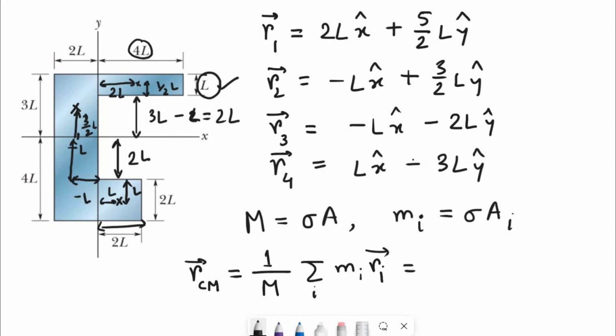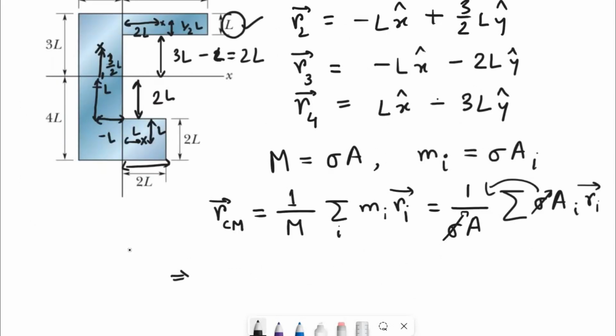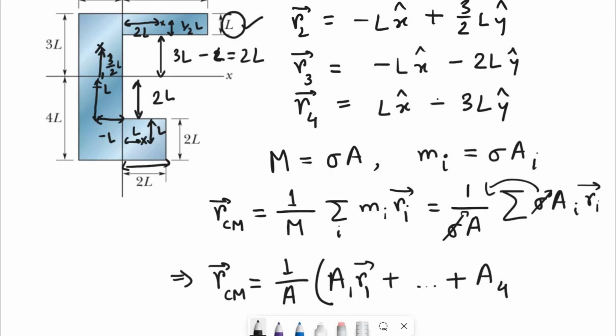This is 1 over sigma times total area, and here we have sigma Ai Ri. Now sigma is a constant, so it comes out and cancels. So we arrive at this expression: the center of mass is 1 over the total area times A1 R1 all the way to A4 R4.